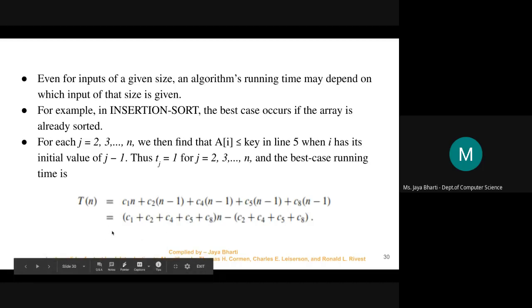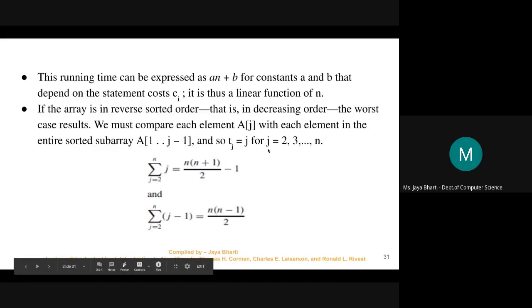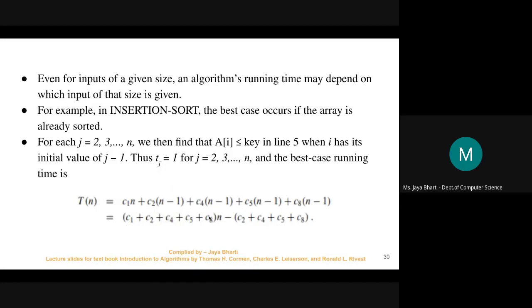If you take all these constant values and replace them by a, and all these constant values and replace them by b, then it will be only an plus b, because all these are constants only.